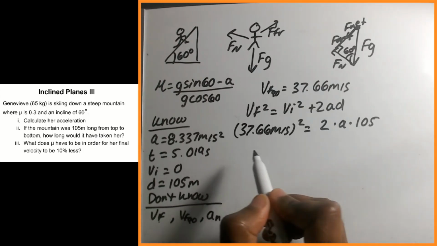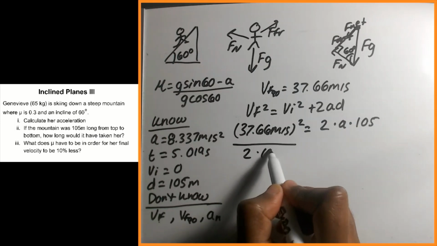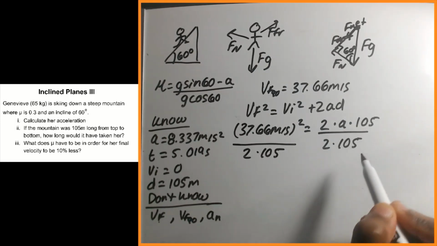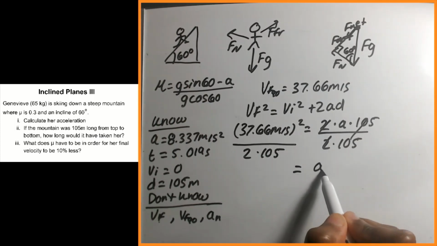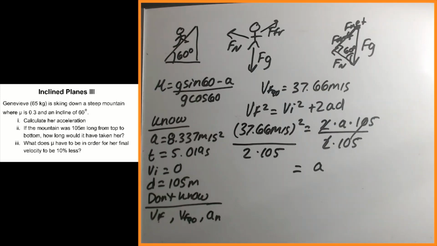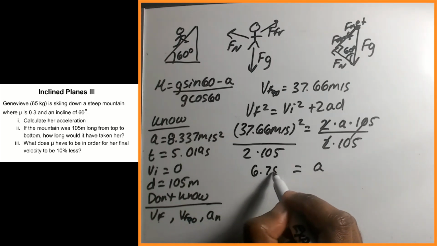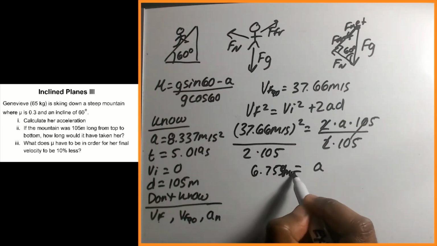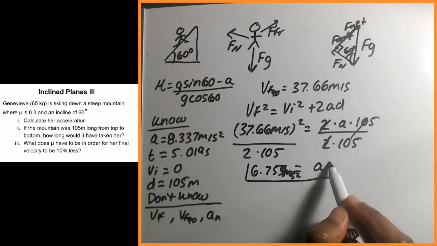So if we just divide those over, we divide this by 2 times 105, so these cancel, so acceleration is equal to 6.753, I'll round it to 4, meters per second squared as your acceleration.